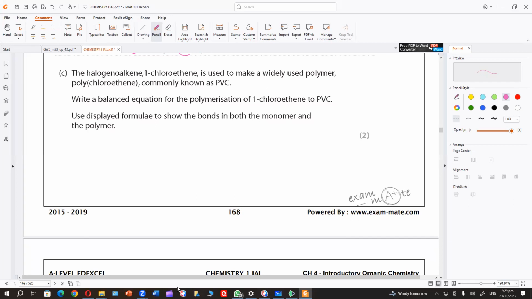Write a balanced equation for the polymerization of 1-chloroethene to PVC. For this one, I just put brackets around 1-chloroethene and then n on the left side.